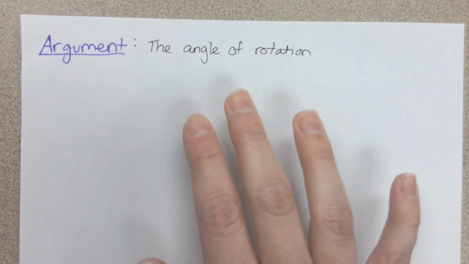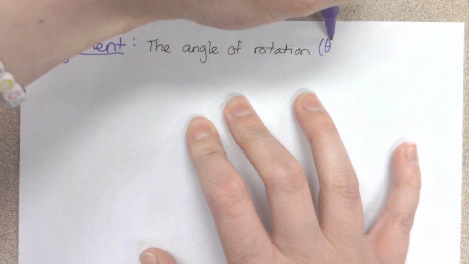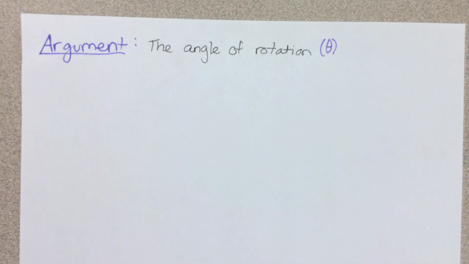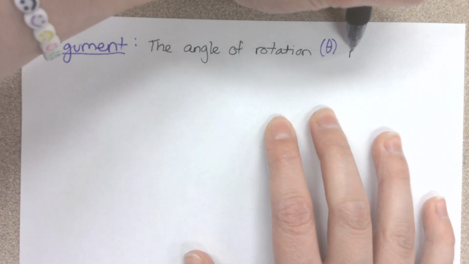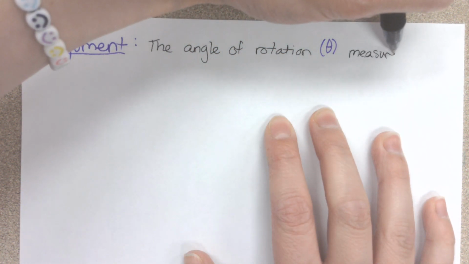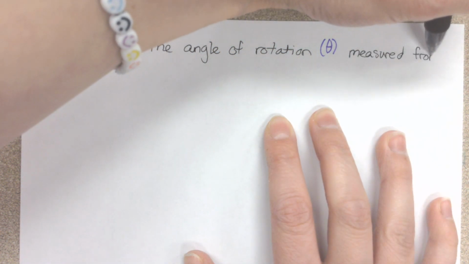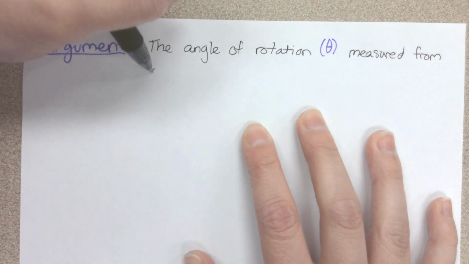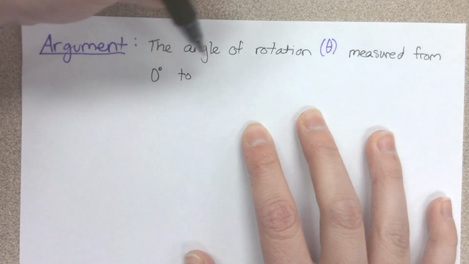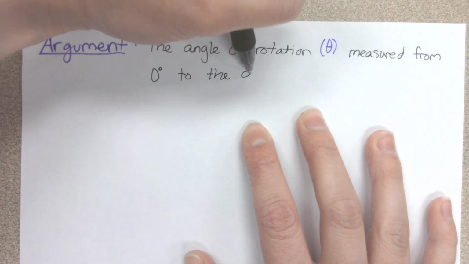The angle of rotation is also known as theta. We're graphing theta again. Measured from 0 degrees to the complex number.